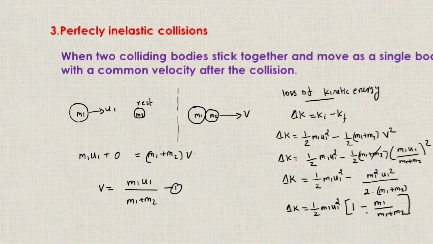Now inside the bracket you cross multiply and get the final answer: delta K is equal to half into m1 m2 divided by m1 plus m2 into u1 square. So this is the loss of kinetic energy. You can see this is a positive quantity, so definitely the kinetic energy is lost mainly in the form of heat and sound.